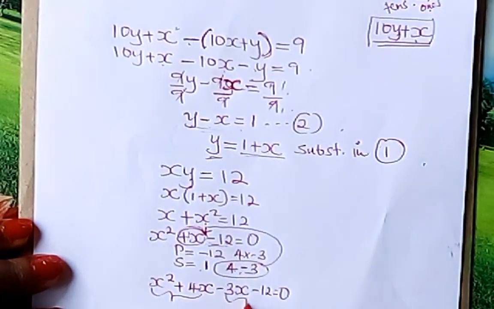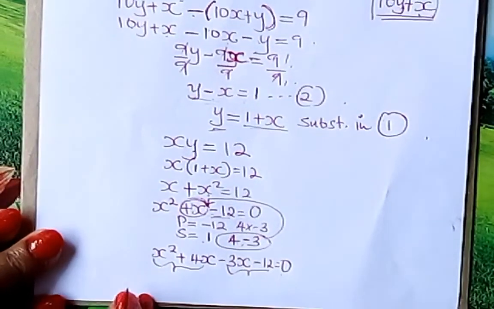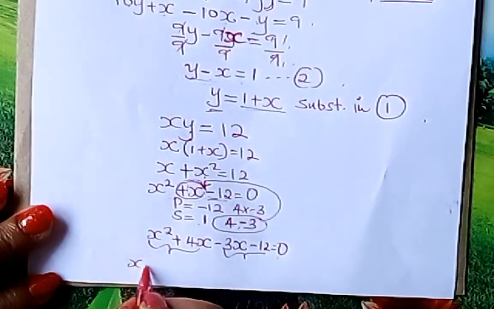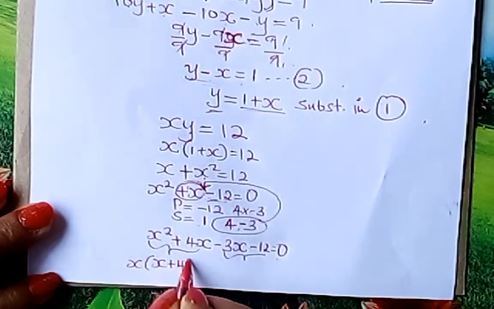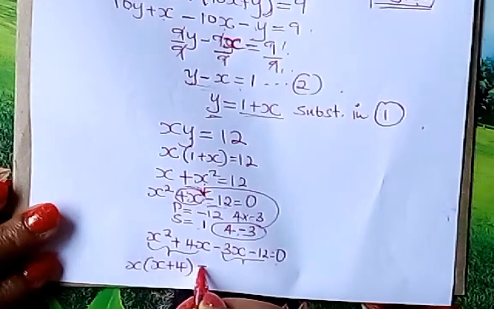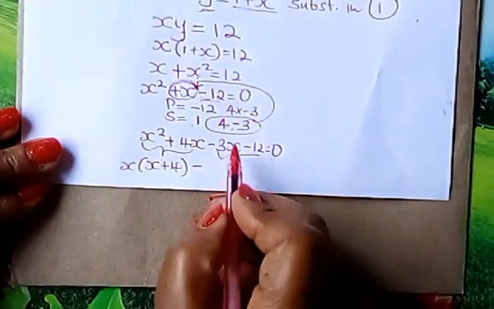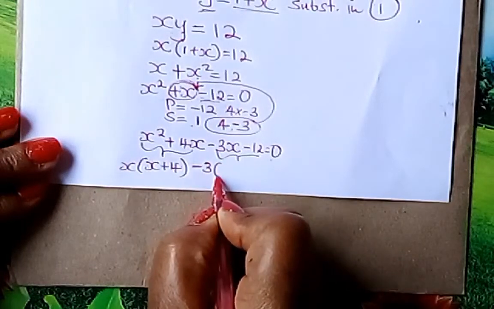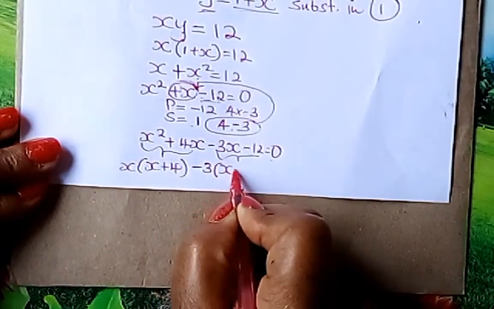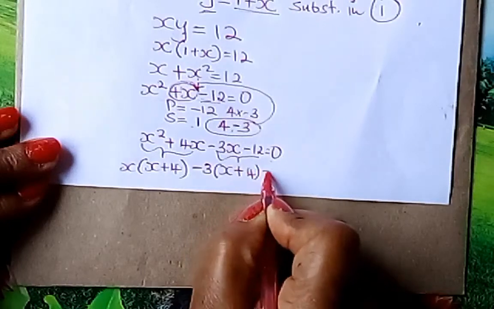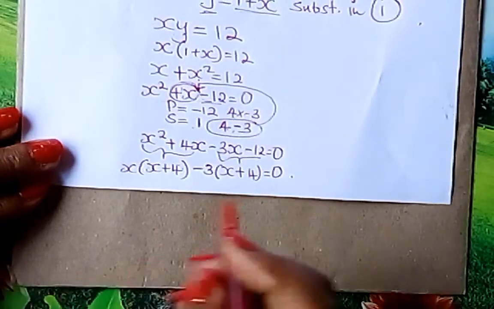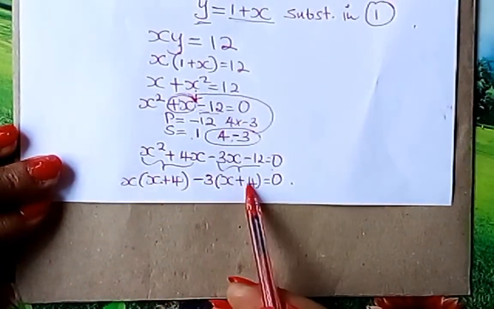Factor out what is common in these two groups. Here you talk of x in bracket, x plus 4. Then here you factor out 3. You'll be left with x plus 4. If you look at this bracket, it's the same.